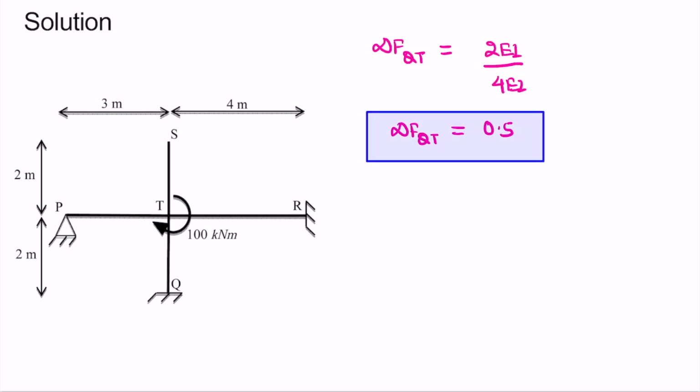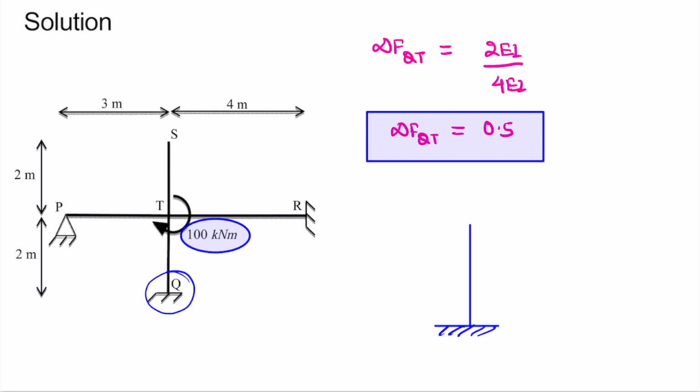Right. Now, since we need to find out the moment at Q, we need not find the distribution factors for other members. At this point, we know that the moment shared by this member QT will be 0.5 times this total 100 kilonewton meter load or moment.